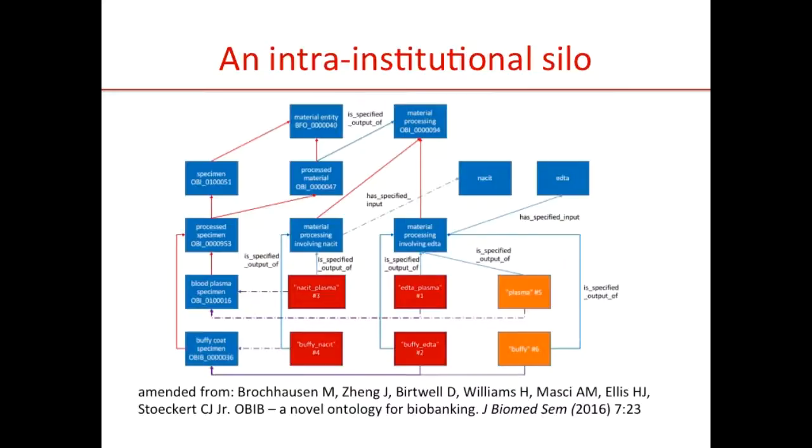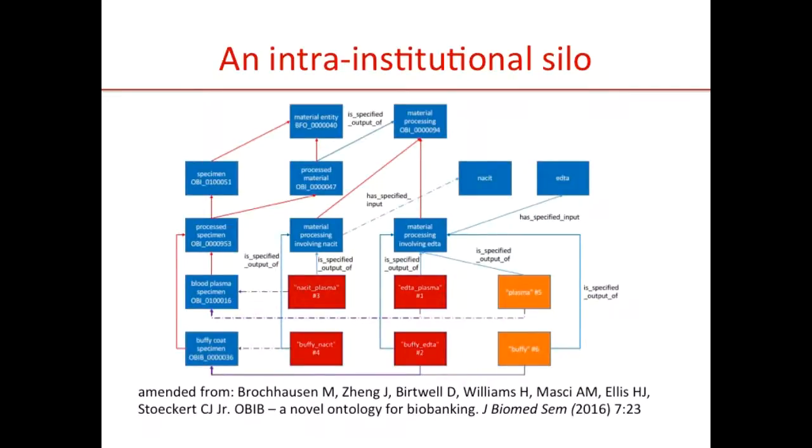A really nice example of a biobank silo is this one here. And the paper, I'm a co-author on that paper, but the actual example is from the University of Pennsylvania, which, as we all agree, is not the worst place to do medical research in the world. They have two biobanks. One of the biobanks is really large, and they do two kinds of processing.